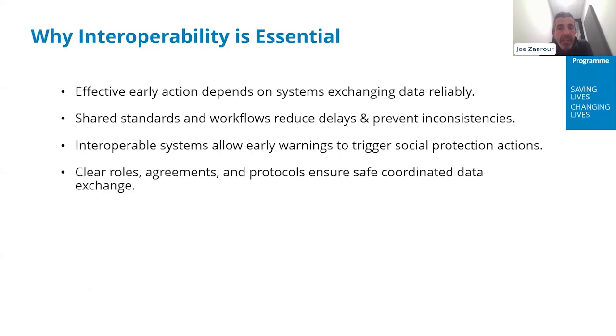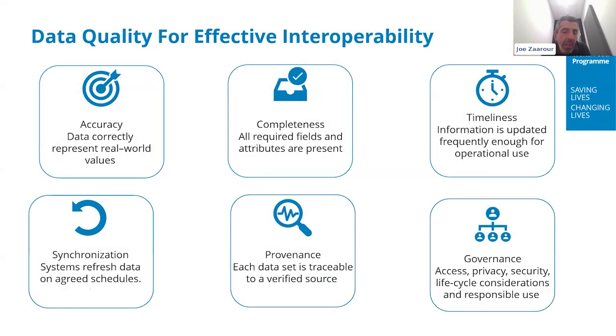And next, please. So just to mention a few elements that we've seen, obviously having the right data in the right quality format is very important. This is a key element.